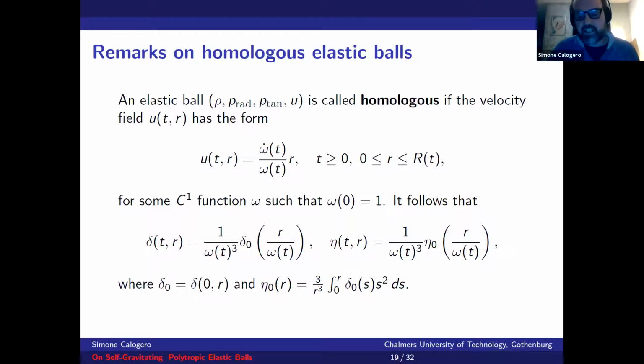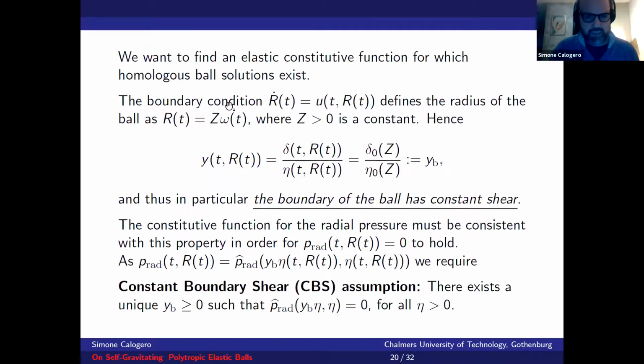But then there is this other constraint on the possible elastic constitutive functions. If you see the boundary condition on the velocity field, it defines the radius of the ball to be just omega t times a constant.